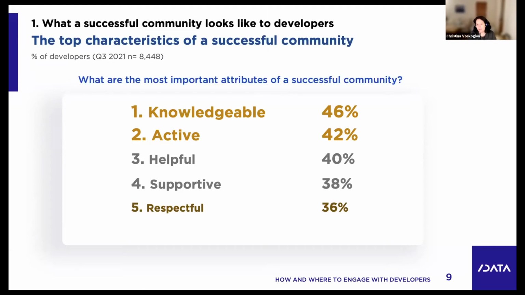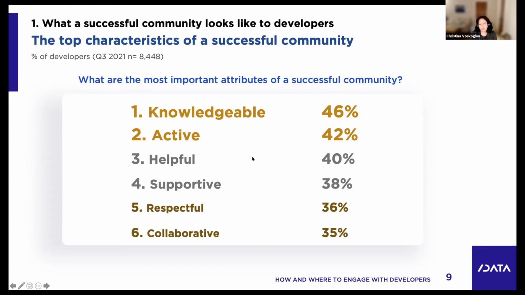They want to be in a place with knowledgeable people who will be there to support them actively, respectfully, and who will be helpful. And yes, there's also collaboration. It's number 6, which is pretty high up, but it's not at the top. So what's the key takeaway here? Knowledgeable is number 1. If you ask developers, the most important feature of a community is the knowledge.